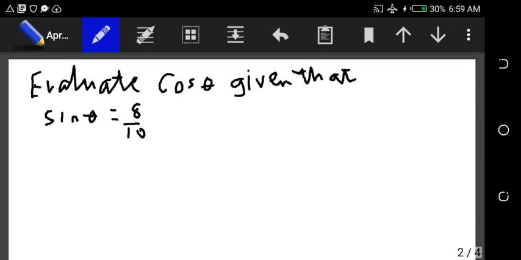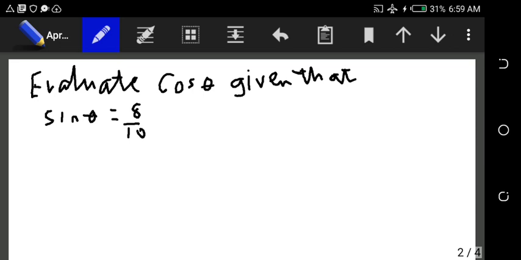Questions like this, there are ways that we'll go about them. We are given the value of sine theta and we're asked to evaluate cos theta, or it could be tan theta in some other question. It doesn't matter what the trig ratio is, we can evaluate whether cos or tan for equations like this. And how can we do that?